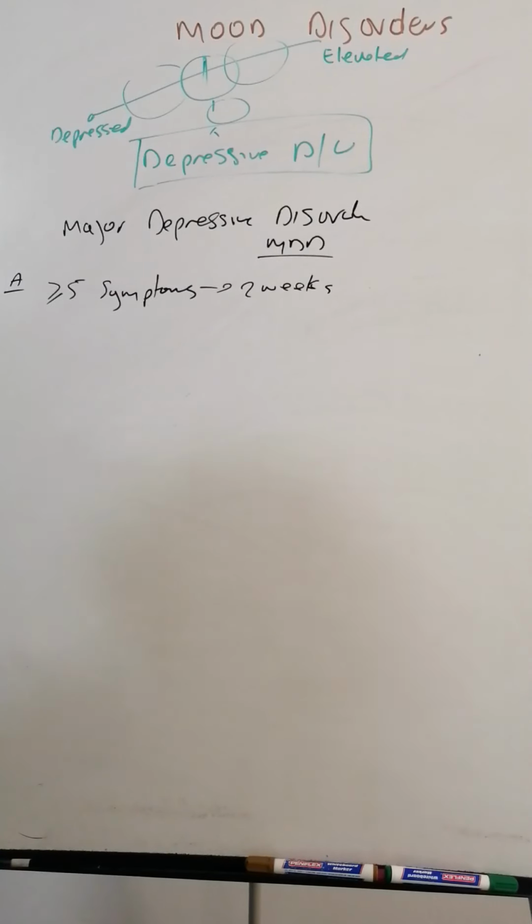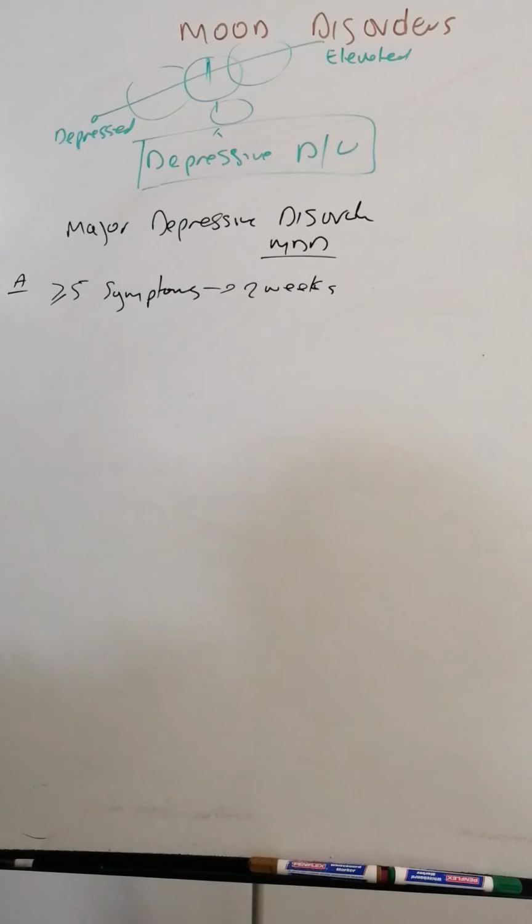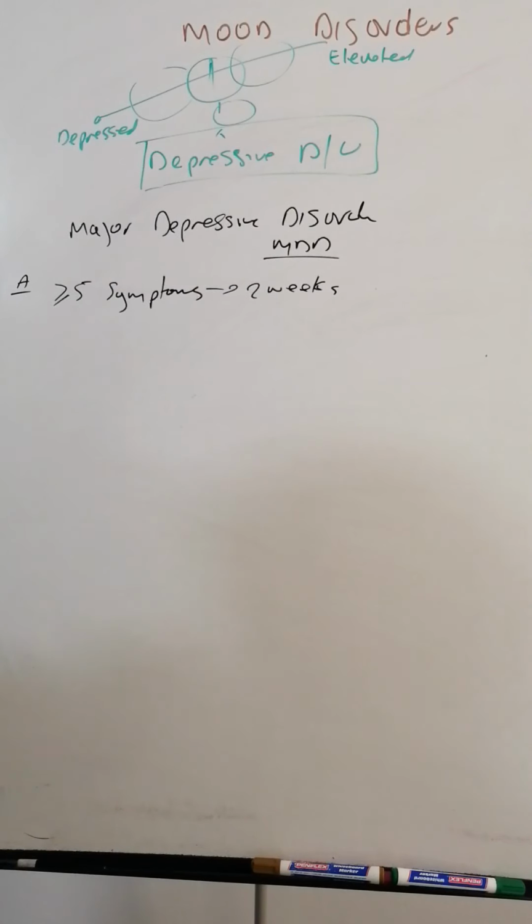For instance, someone who gets depressive symptoms after they've given birth, the timing is after they've given birth or before they gave birth. That's peripartum. But if you have not delivered, it can't be peripartum. So the timing becomes important.